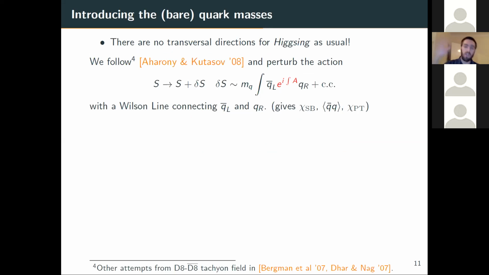And there are a lot of higher modes of mesons that have a mass, but there is always one, which is the pion, the Nambu-Goldstone boson from the symmetry breaking that has zero mass. So in the original Sakai-Sugimoto model, the pion has exactly zero mass unless you do something else.